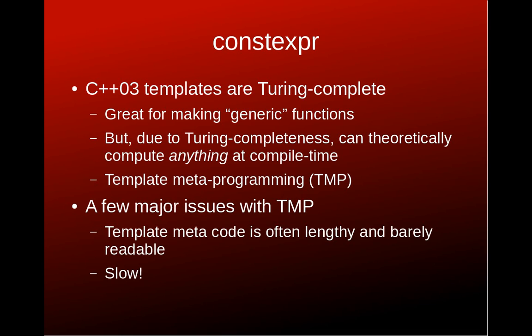You'll see that even the smallest examples are often a couple pages in length of header, and that's not ideal. It's also kind of slow, and we haven't talked about Constexpr yet, but suffice it to say that Constexpr dwarfs template metacode in most situations in terms of running time.